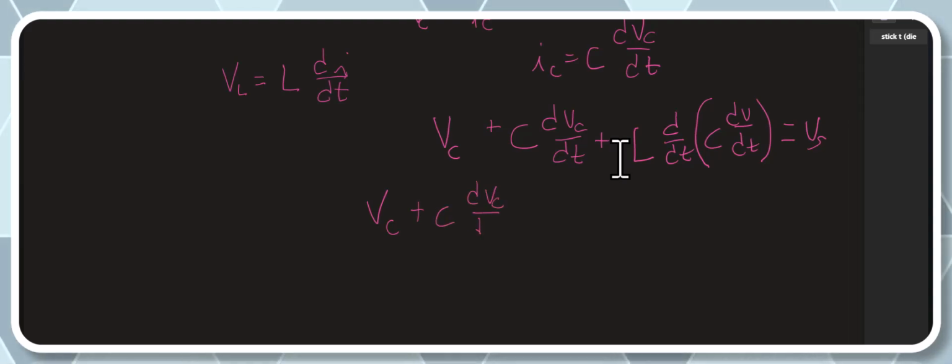So it's RC dVC dt plus LC d2VC dt2 equals Vs.